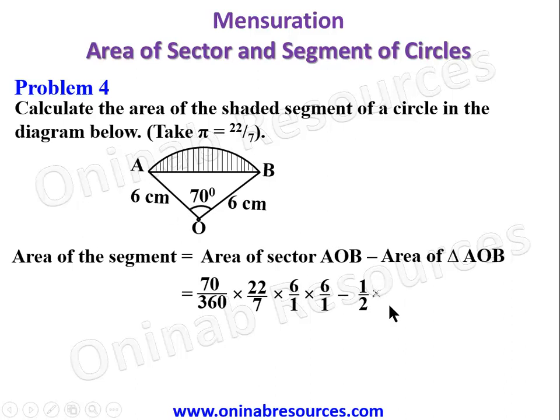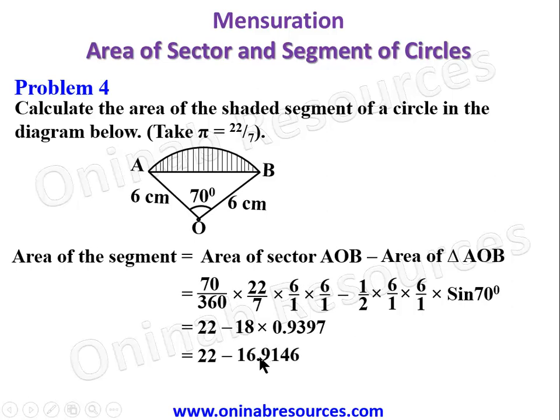That will now give us half times 6/1 times 6/1, then sine 70 degrees. So pressing our calculator, I have 22 minus 18 sine 70 degrees. Sine 70 is 0.9397. So this is 22 minus 16.9146.